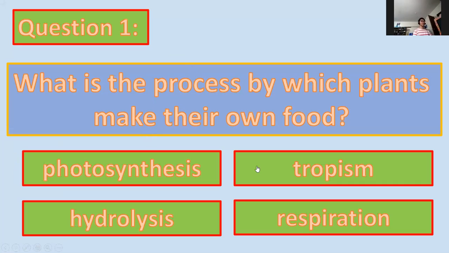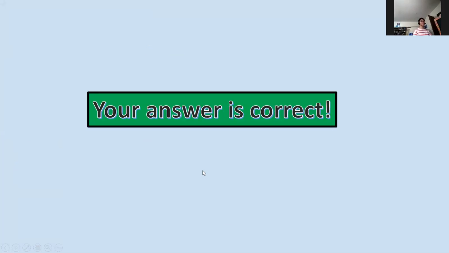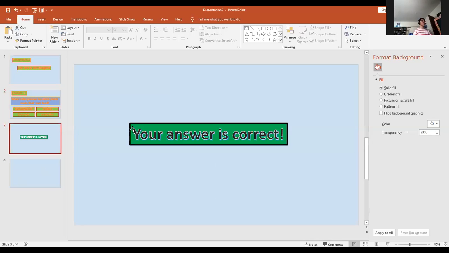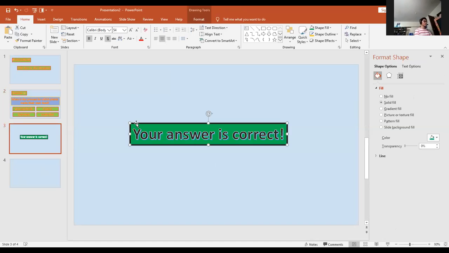Now, if you're going to click this one, you will be directed to the next page, like your answer is correct. But here we were not able to add some program. Let's add more.